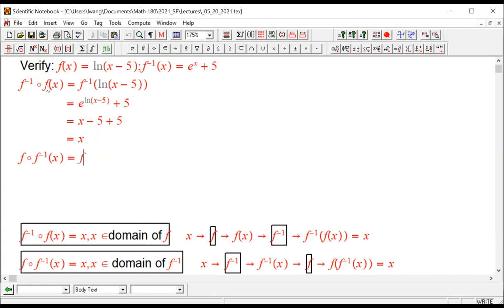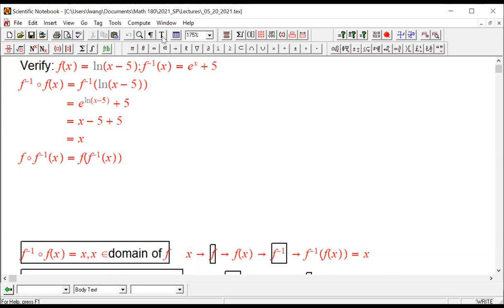He combined steps, which is fine. So f inverse is e to the power x plus 5.